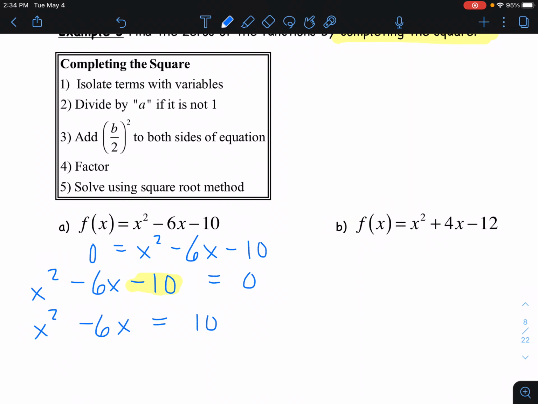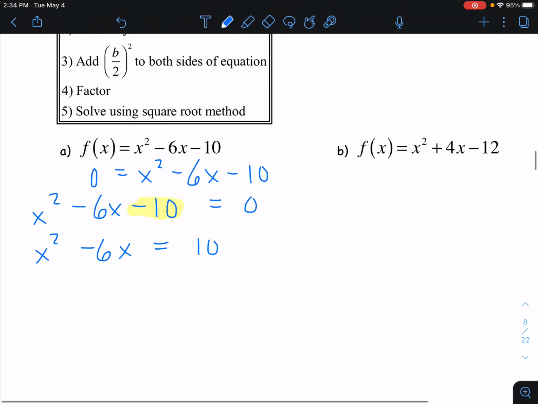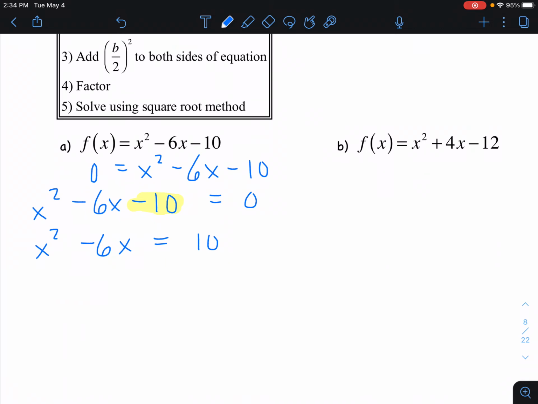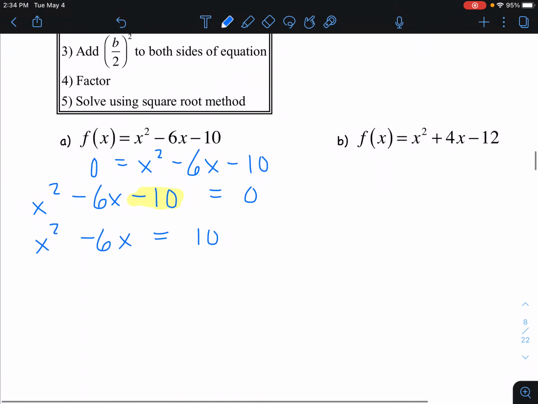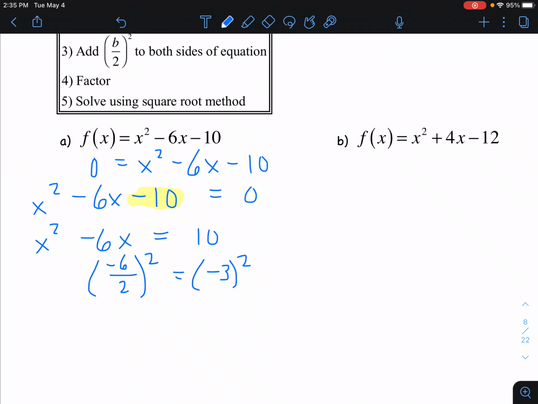Okay, step 3, add b divided by 2 squared to both sides of the equation. Well, b is negative 6, so we're going to do a little formula on the side. We're going to take that b, negative 6, divided by 2 and then square it. And we're going to add that to both sides. So negative 6 divided by 2 is negative 3, and negative 3 squared is 9.